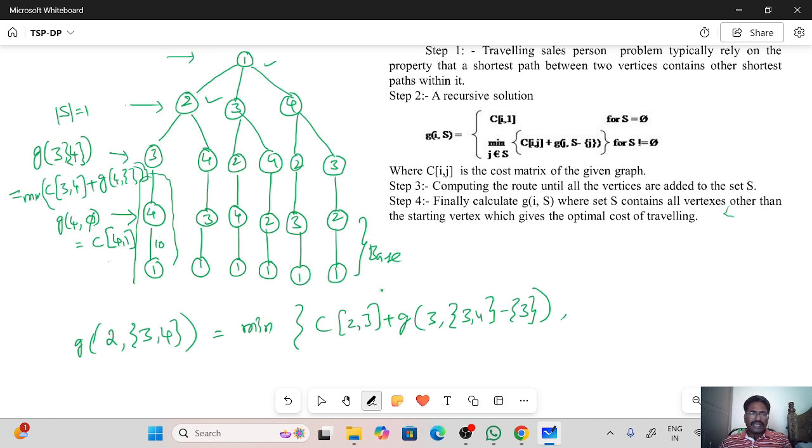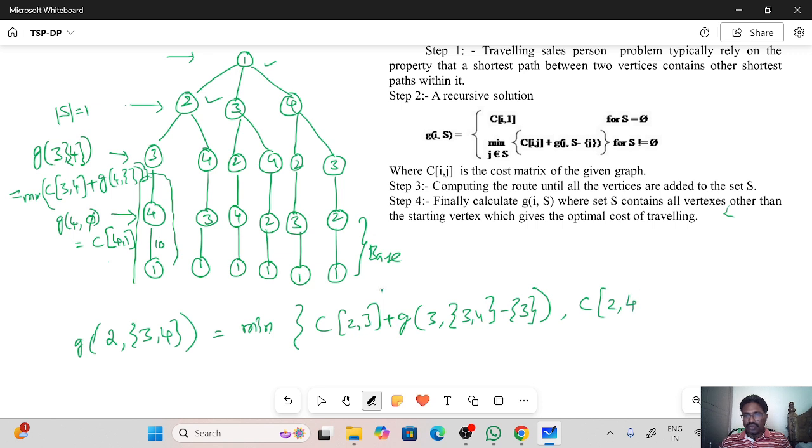or else the cost of 2 to 4. Earlier I visited 3. I do not know which path gives us the minimum cost, whether 2 to 3 or 2 to 4, so I am going to check it.